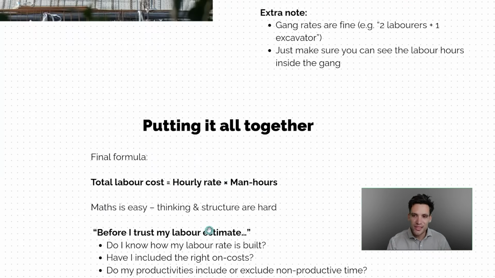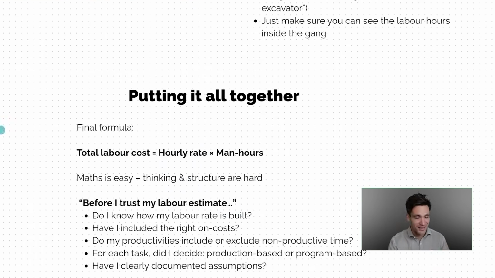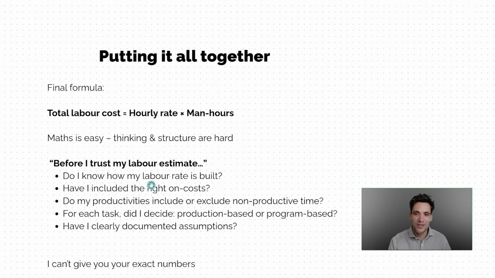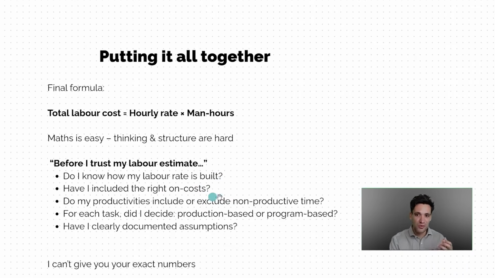Okay, to put it all together, the very complicated formula to finish with: our total labor cost for the project is simply the hourly rate multiplied by the man hours. The maths is easy, making sure that all the input numbers that go into the hourly rate and the man hours are right is the hard part. So the questions you have to answer before you calculate your labor estimate are: do you understand how your labor rate was built up?